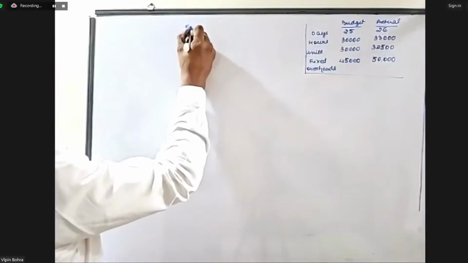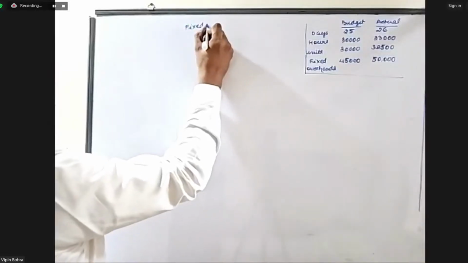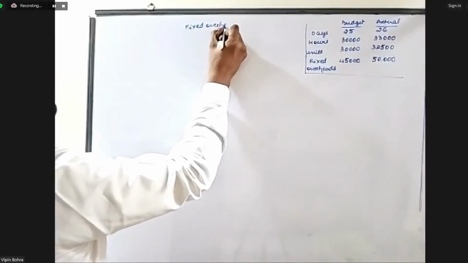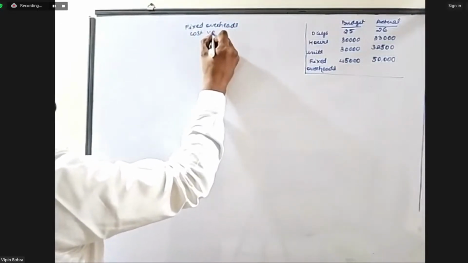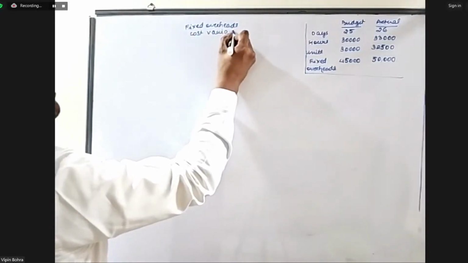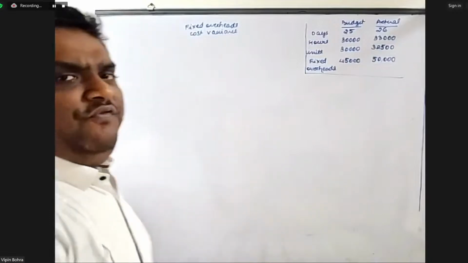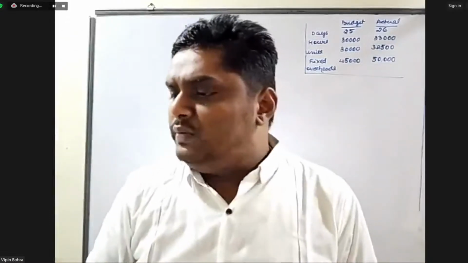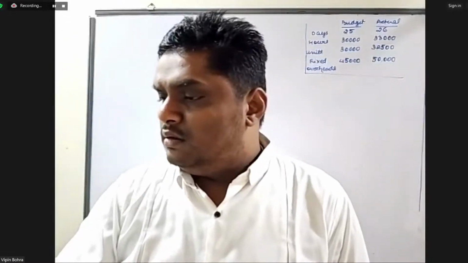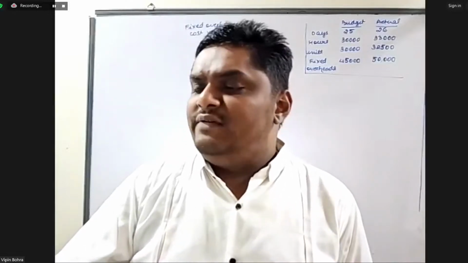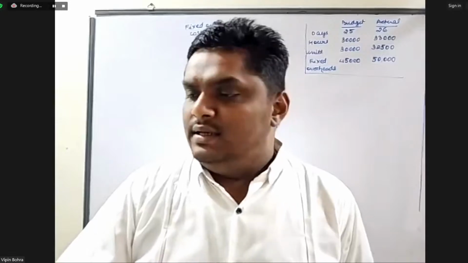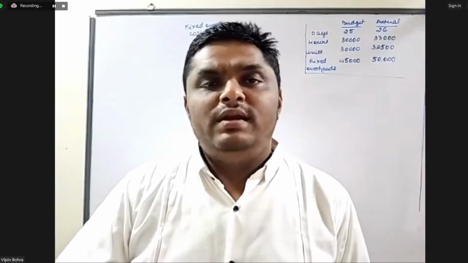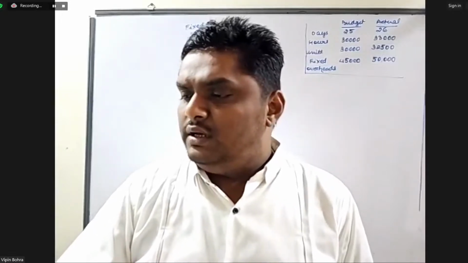We'll first calculate the fixed overhead cost variance. If the idle hours are given, then only you have to assume that these are idle hours. The idle hours will be clearly mentioned in the question, Sanya.